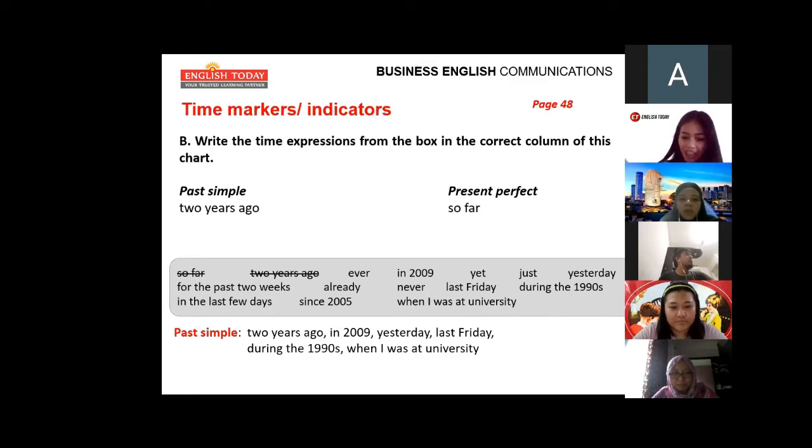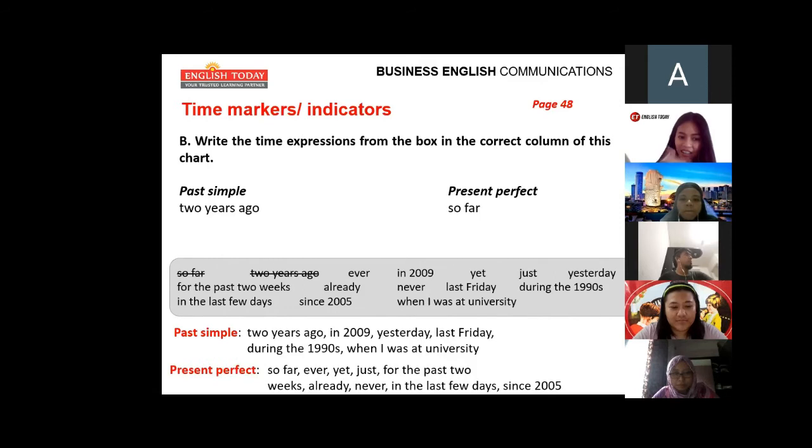Good job. Which means the others belong to present perfect. So for the past 2 weeks, in the last few days, they are both common. If you want to mention activities that you have been doing in the last few days, that refers to a few days before until now.